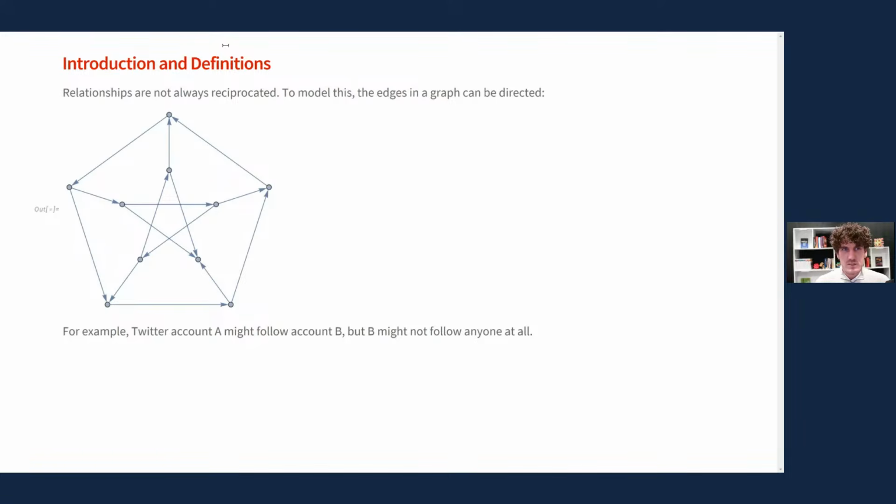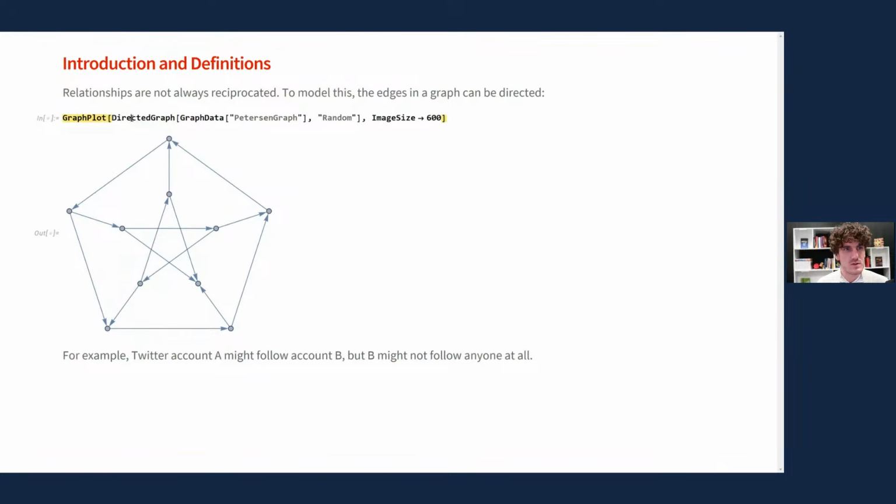So we've got the same collection of nodes and edges, but in this case, some of those edges are directed. Again, here's the code for this, where we've just specified random directions by using this DirectedGraph function on the same undirected graph we had before.